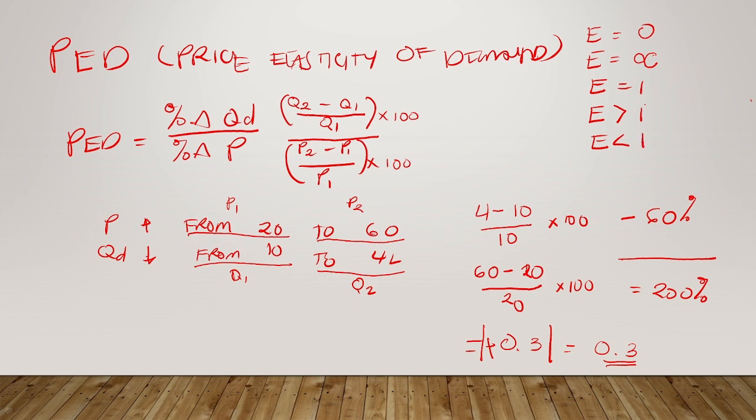There are only 5. This E is the price elasticity of demand coefficient.